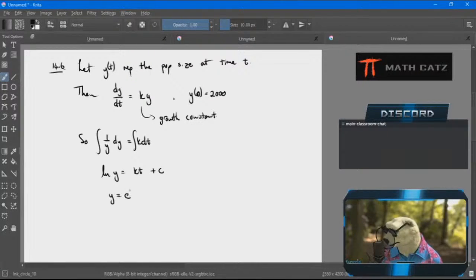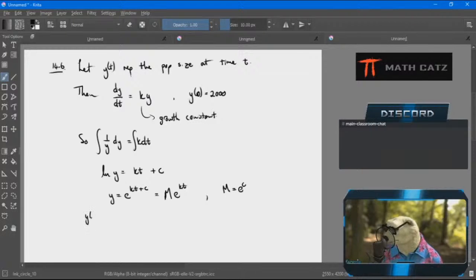So y is e to the kt plus my integration constant, which I rewrite as m times e to the kt, with m being e to the c. I'm doing this on purpose every time because the first part of the test question might ask me to verify how to solve this differential equation, even though I know the target we're aiming for.